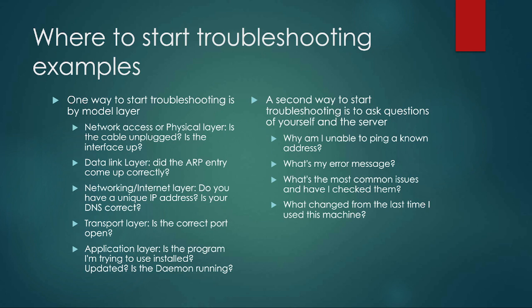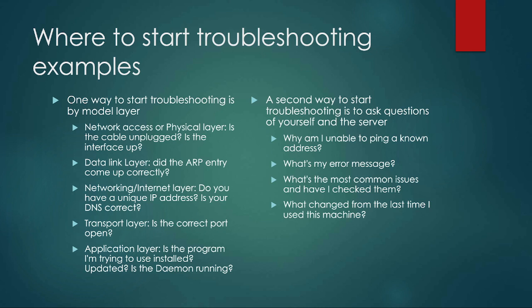So, for example, we could say, let's start troubleshooting by model layer. So we could start at the network access or physical layer, and we would start with, is the cable unplugged? Is the interface up? And we would check those first. Then we can move up to the data link layer. Did the ARP entry come up correctly? We can move up to the networking internet layer. Do you have a unique IP address?